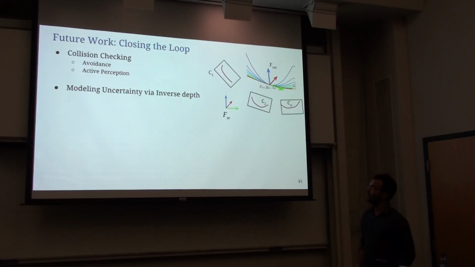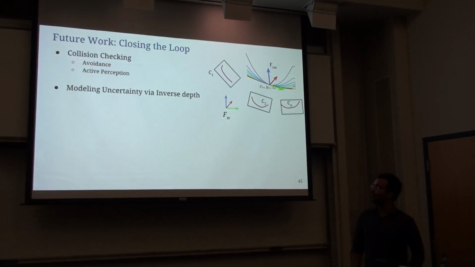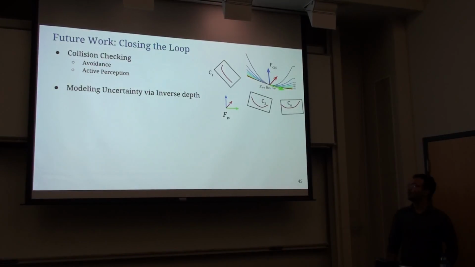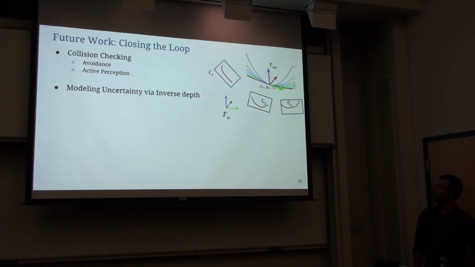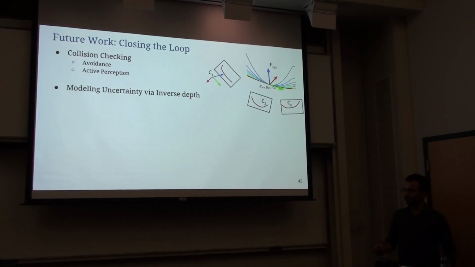The second part we are working on right now is closing the loop, which means somehow computing occupancy and using it for collision checking. That's relatively simple to do, inspired by the model-free method. You go to the first camera pose instead of the world frame and do everything in inverse depth coordinates.